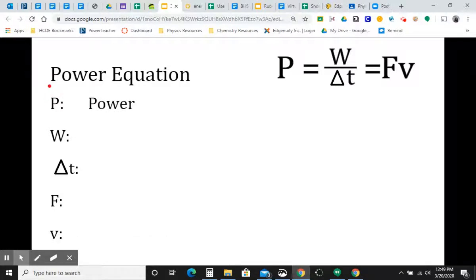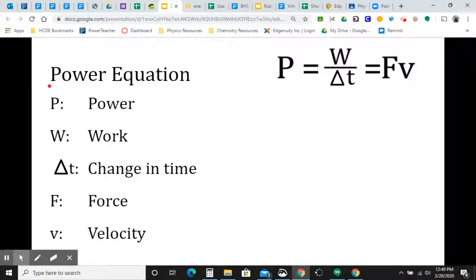Capital W, we just said, was work. Delta T is change in time. F is force, and V is velocity.